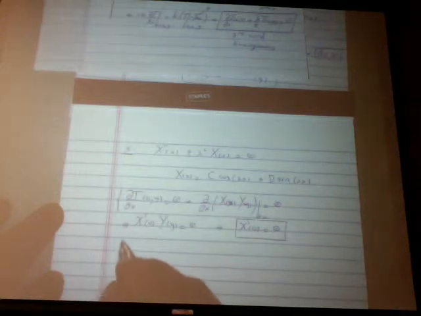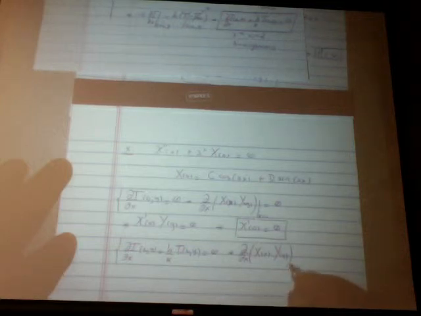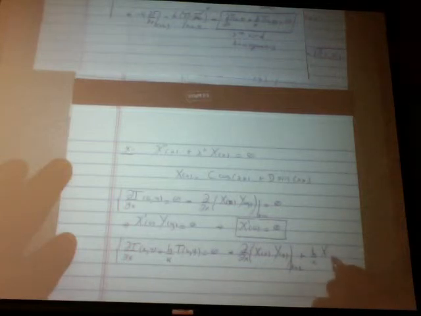The other condition says dT/dx at L comma y plus h over k, this is a convective condition, times T at L comma y is equal to 0. That means that d/dx of X times Y of y at x equal L, plus h over k times X of L Y of y is equal to 0.